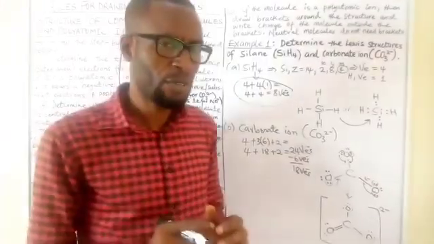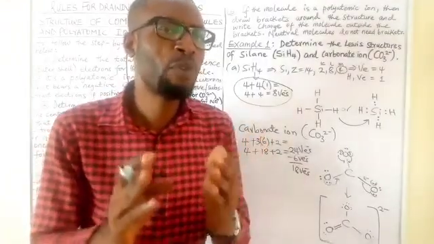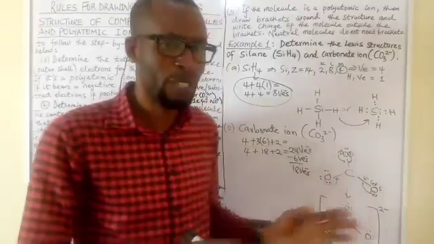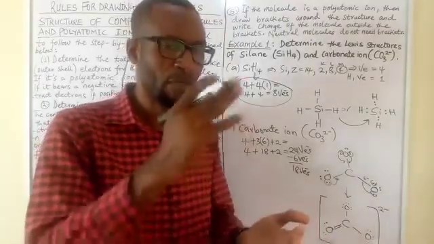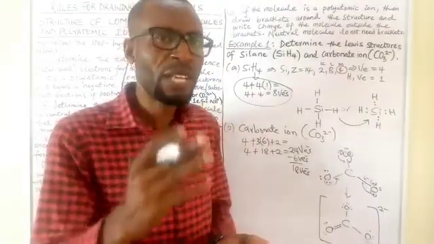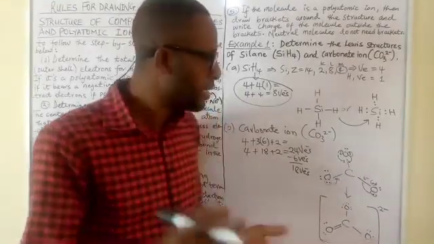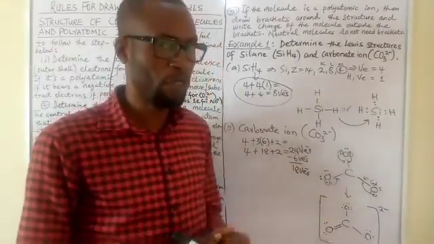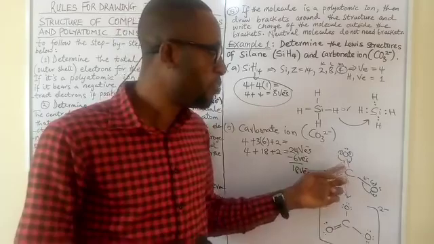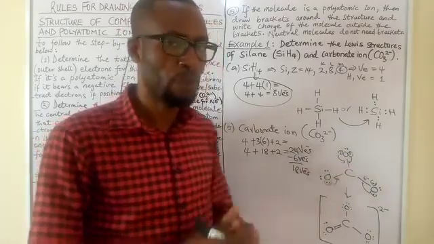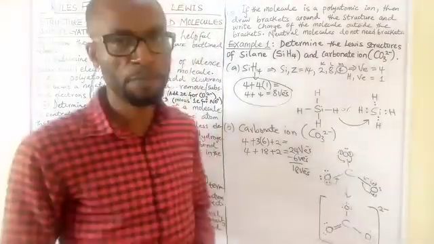In the next lecture series, I'm going to talk about the phenomenon that explains this possibility, which is known as resonance. Resonance structures are made when you have this kind of possibility of the double bond being in any of the 3 positions as we have in the carbonate ion.